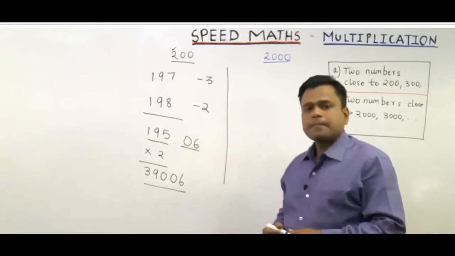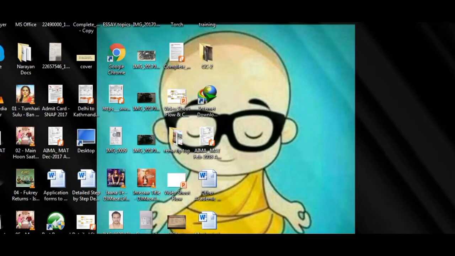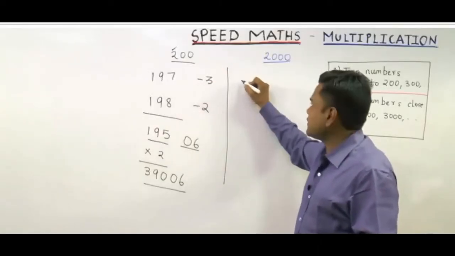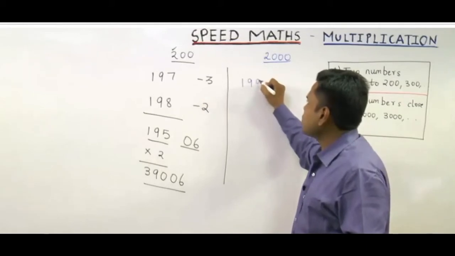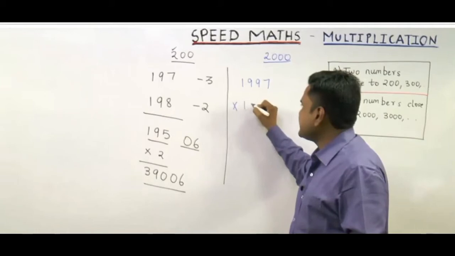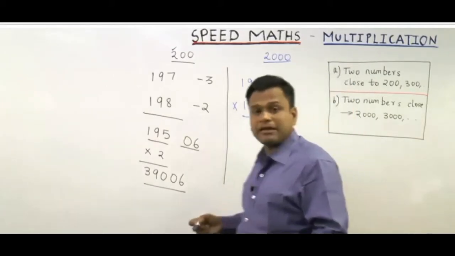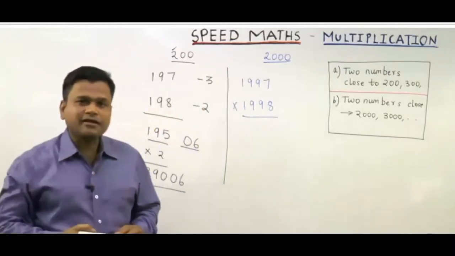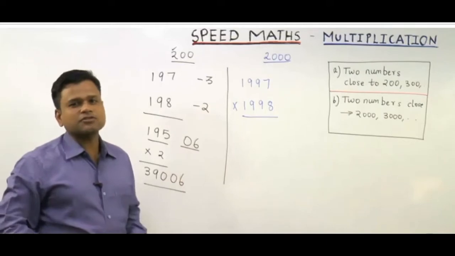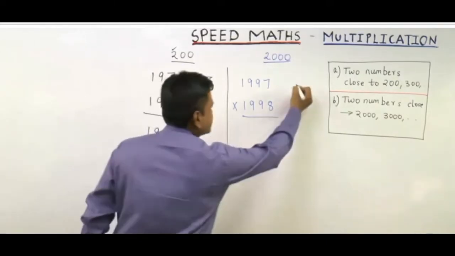In the same way, if you want to get the answer for the numbers, if they are less than 2000 but close to 2000. So my number here we have taken 197. Let's draw that parallel. I have my value which is 1997. And the number here is 1998. Looks to be big. 1997 into 1998. But by the method which we have talked about, it becomes so simple. The first number is 3 less.